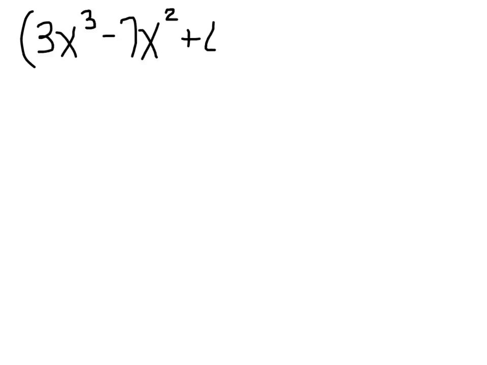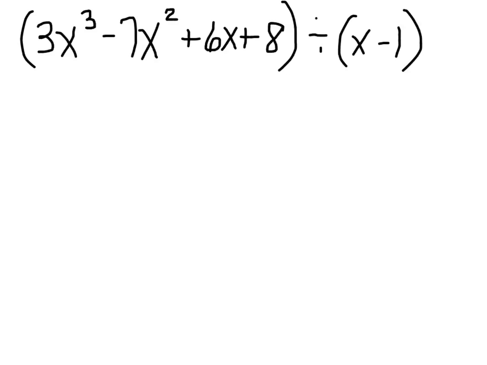Now, you're going to actually divide ones with letters. x cubed minus 7x squared plus 6x plus 8 divided by x minus 1. This is how it's going to look rather than the previous problem. So let's get the setup done first. What piece goes on the outside? What's the divisor?